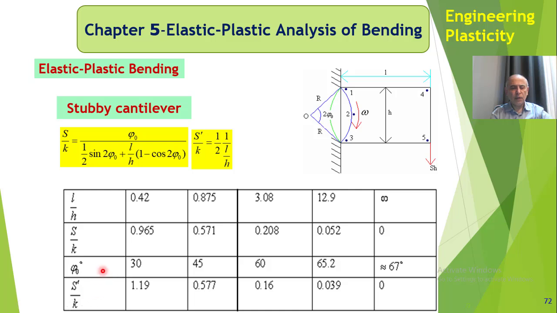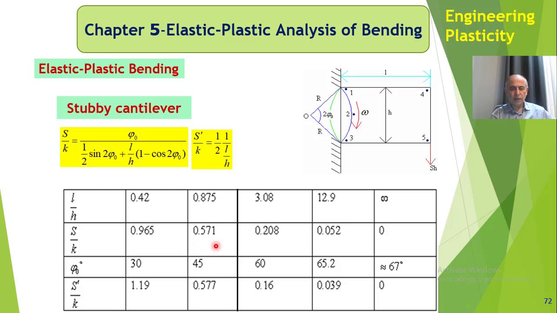For instance, phi naught 30 for this, 45, 60, 65, almost 67. But look at S over K. A lot of difference for the stubby cantilever. See? Very different. In fact, this here is showing that using the collapse load, you get a smaller value for S. But here you get a larger value for S. Therefore, this is not correct for stubby cantilevers. The collapse load gives you the better answer.